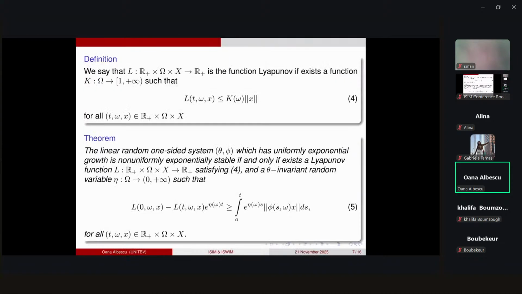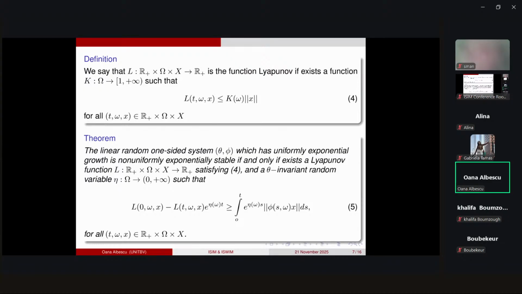Now we introduce Lyapunov functions, which are very useful tools to study stability. You can think of a Lyapunov function as a way to measure the size or energy of the system state.